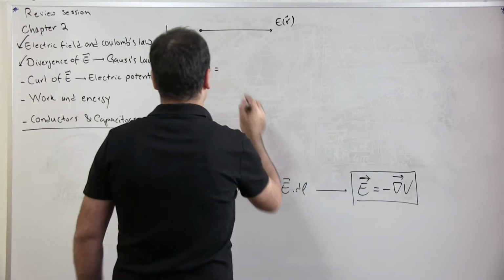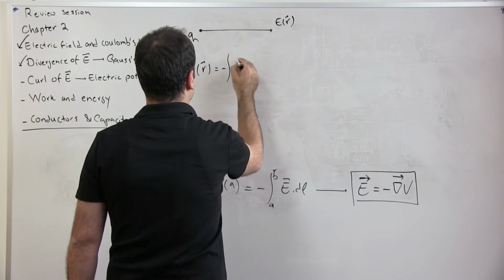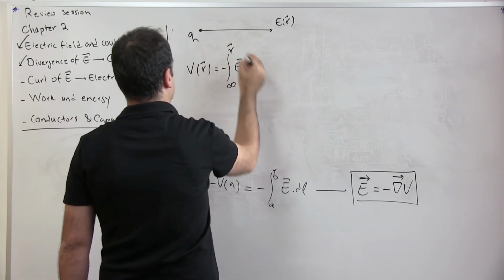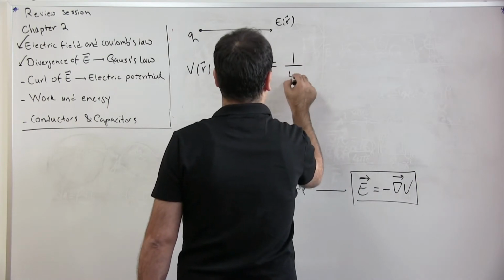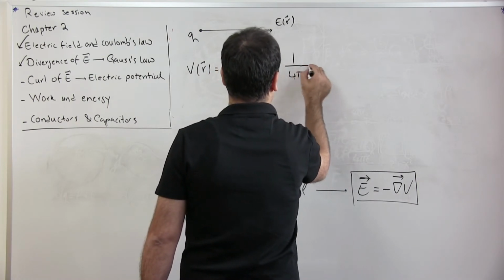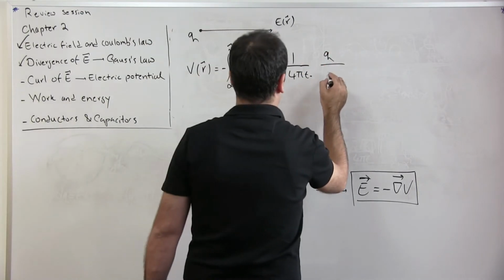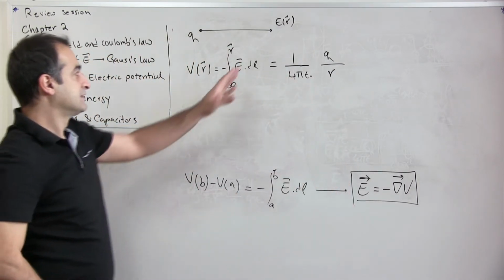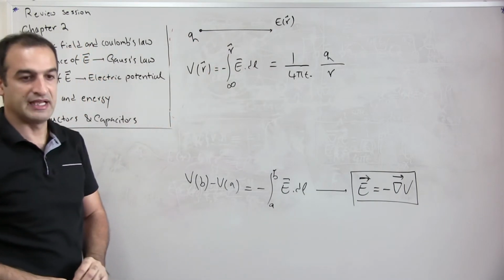If we do the integral, negative integral of E dot dl from infinity to position R, we find that electric potential is 1 over 4 pi epsilon 0 Q, the charge, divided by R. And R here is the distance from wherever we are calculating potential to the point charge we have.